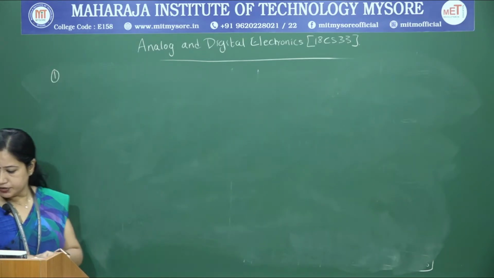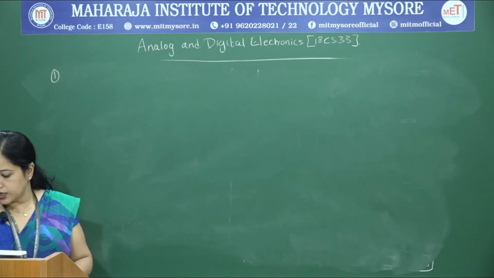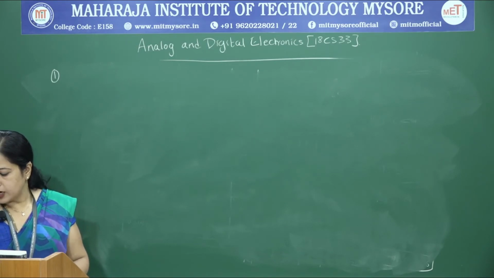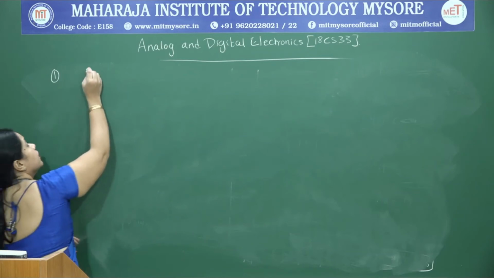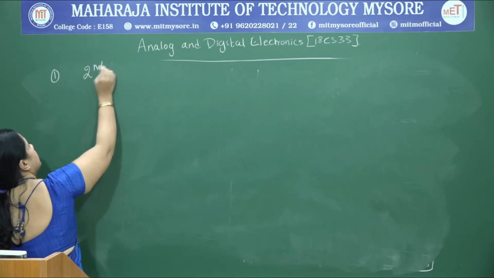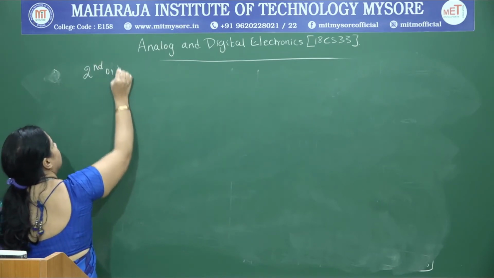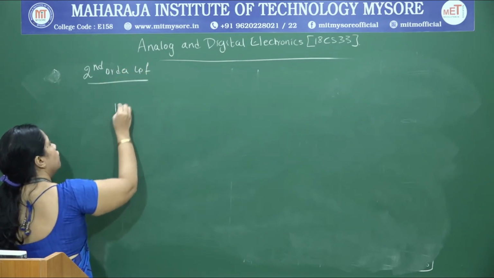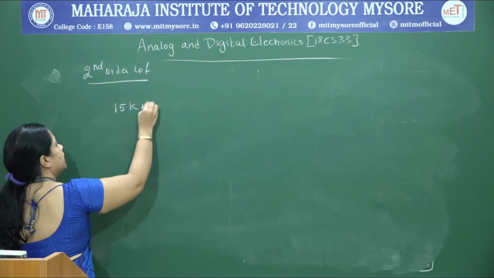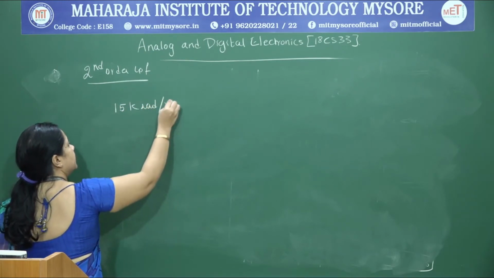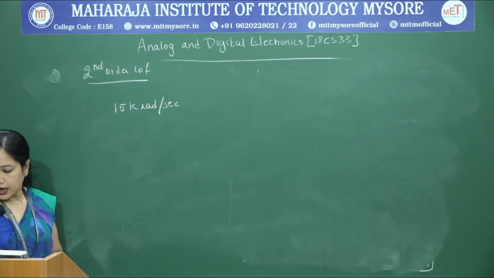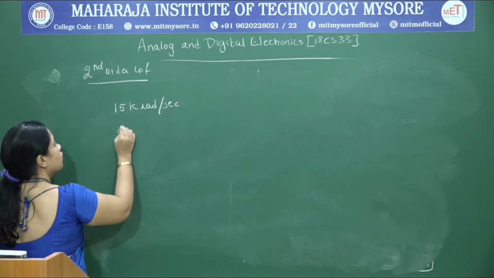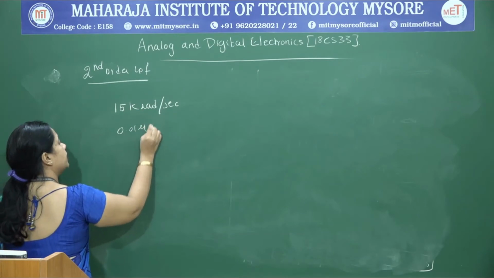You are asked to design a second order low pass filter for a cutoff frequency of 15 kilo radians per second, and you are also given the capacitance value of 0.01 microfarad.